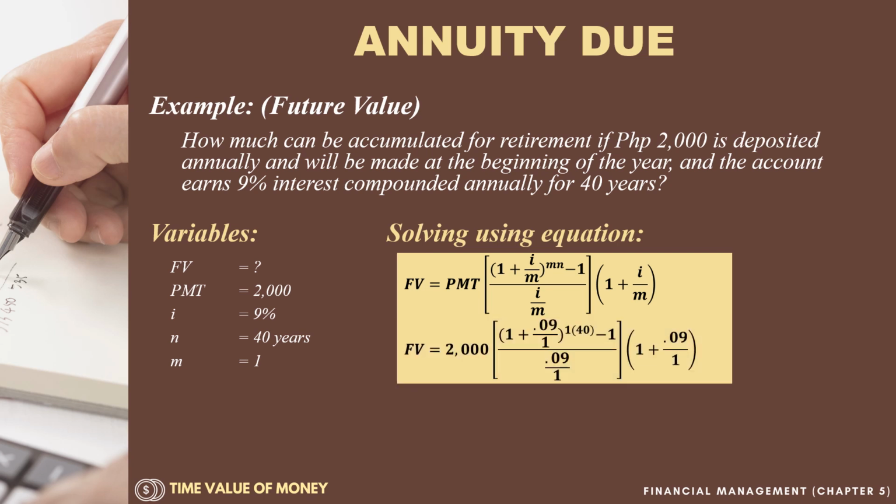So here, FV is equal to payment of 2,000 multiplied by 1 plus 0.09, that is the interest, over 1 to the power of 1 times 40, that is the N, minus 1. All over 0.09 over 1 multiplied by 1 plus 0.09 over 1. Okay, so using your calculator, compute for the future value annuity due.